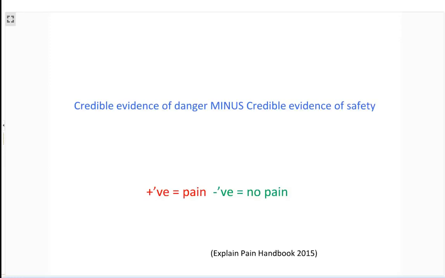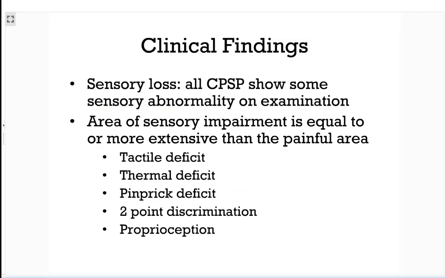So we don't have clear findings here. Again, we come back to this idea that we will have pain when the credible evidence of danger is higher than the available credible evidence of safety. So when we feel at risk.